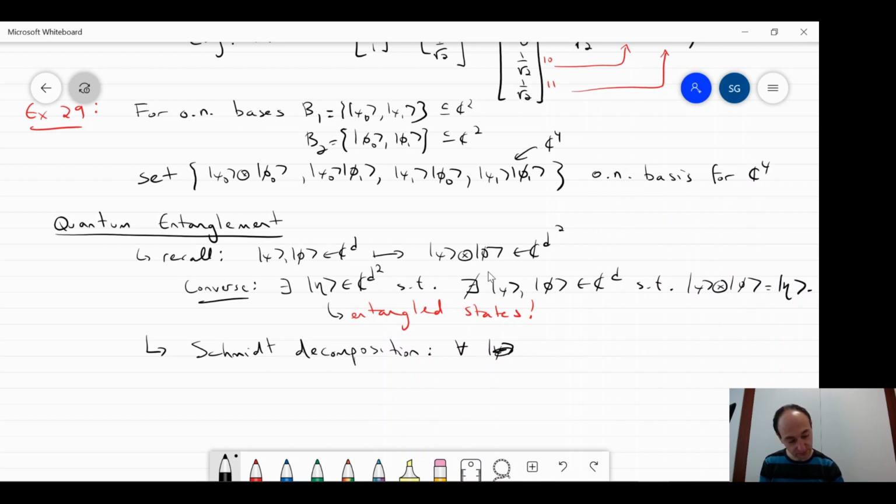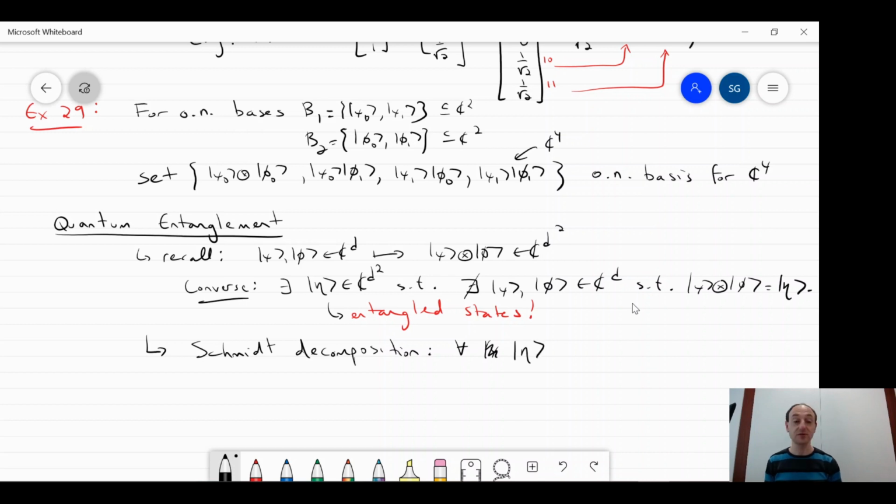Sorry, for some reason the eraser doesn't want to work. For any state, sorry, I wanted to say eta. I'll just cross this off.